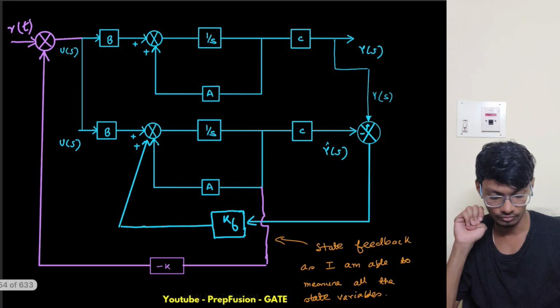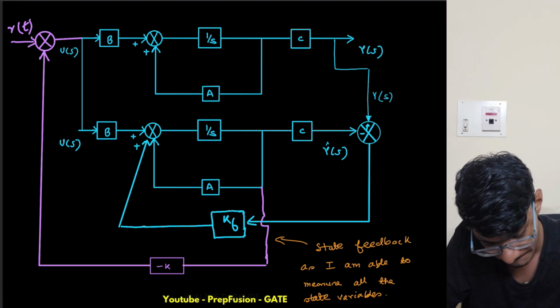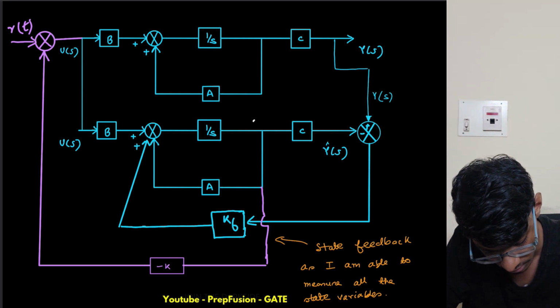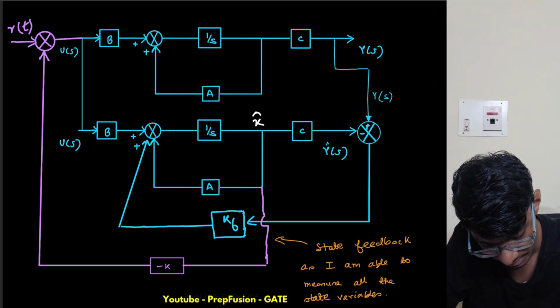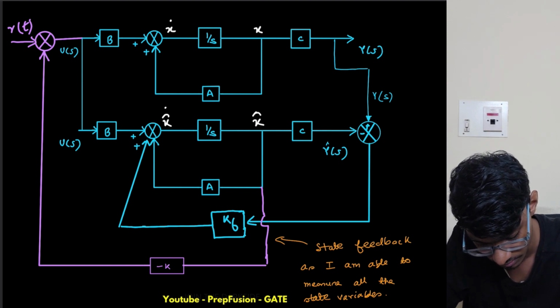Okay, so where is my x hat and where is my x? I forgot to write here. This one is my x hat, this one is my x hat dot, this one is my normal x, and this one is my x dot.